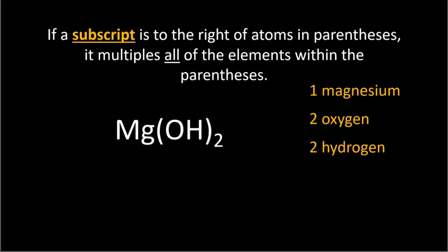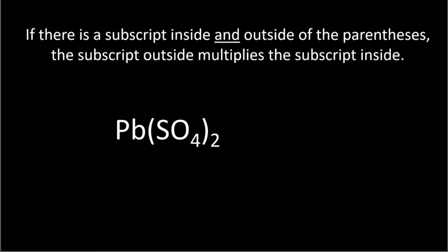Okay? Now, if you have a subscript inside and outside of the parentheses, the subscript outside, in this case 2, multiplies the subscript inside. It works the same way. Whatever's on the outside multiplies everything inside the parentheses. Okay, and remember, it does not affect anything that's not in the parentheses. So Pb, which is lead, there is just 1.